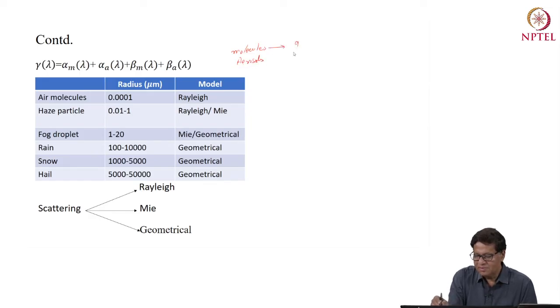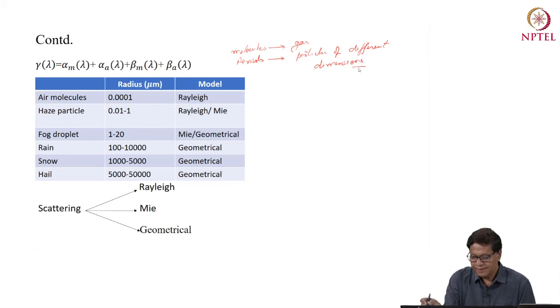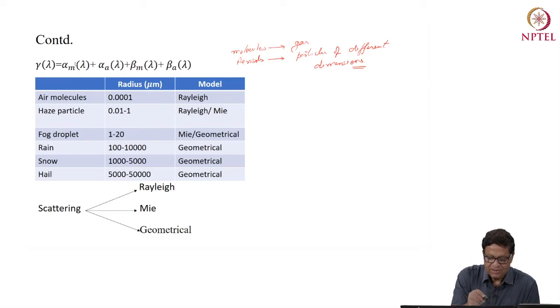These are gases present in the atmosphere, and these aerosols can be particles of different dimensions. So here M stands for molecular.